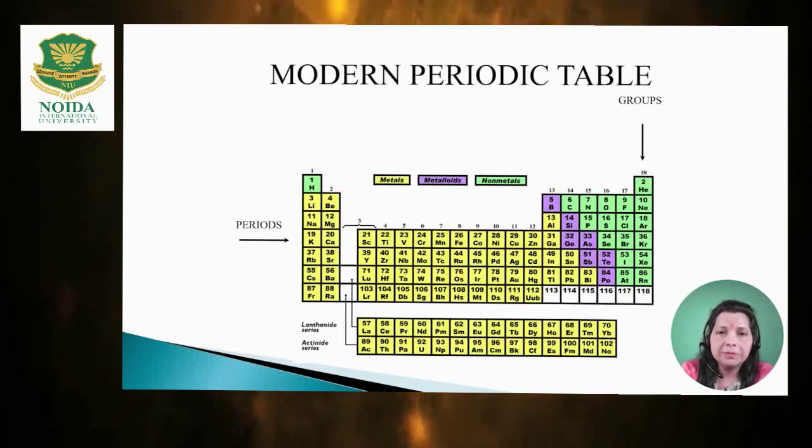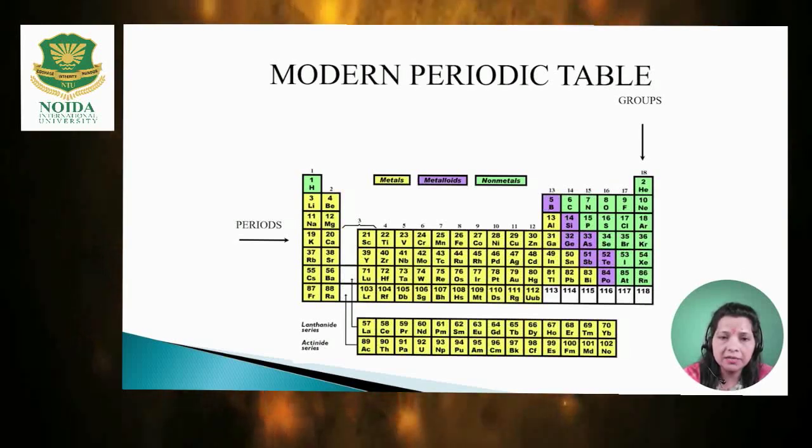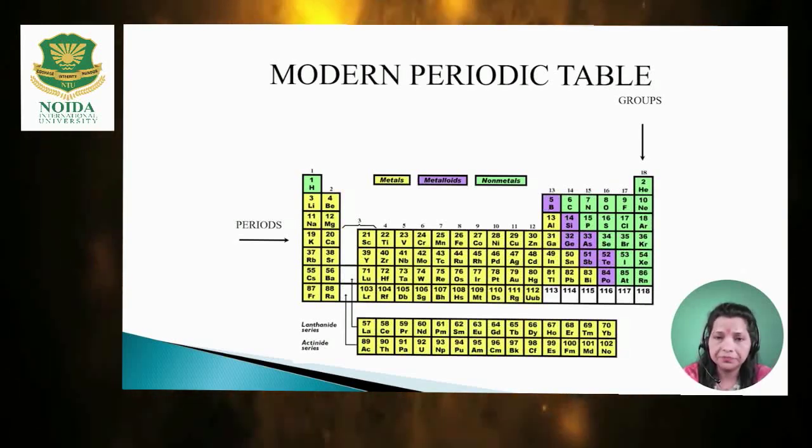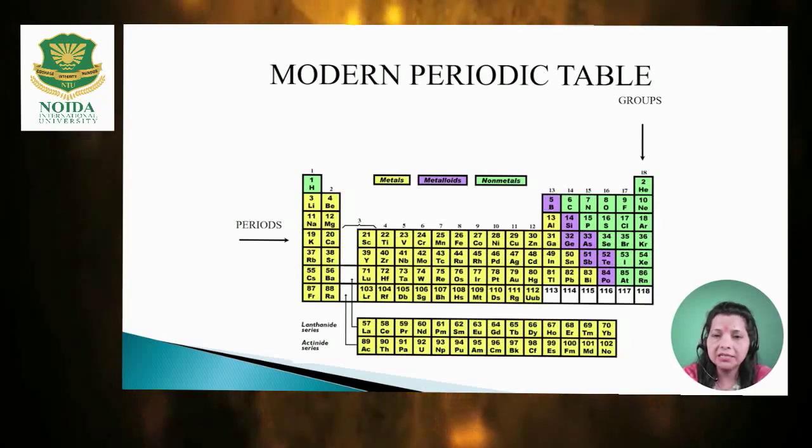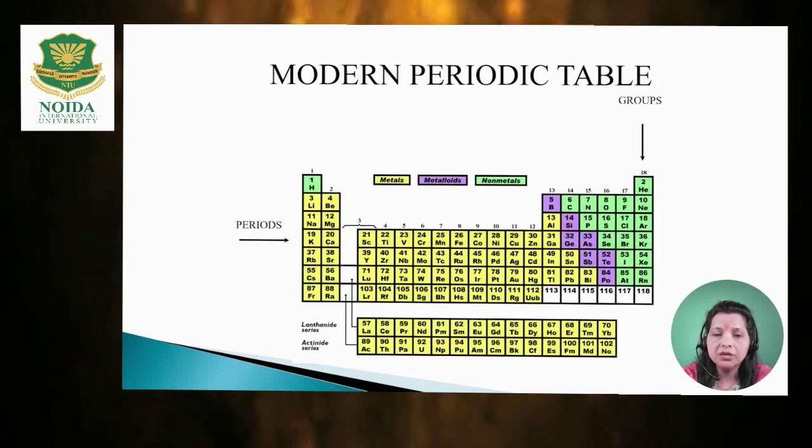I showed you this PPT earlier also. Here you can easily check that all the yellow colored elements are metals in nature. The purple ones are metalloids, and all the green elements are non-metals.